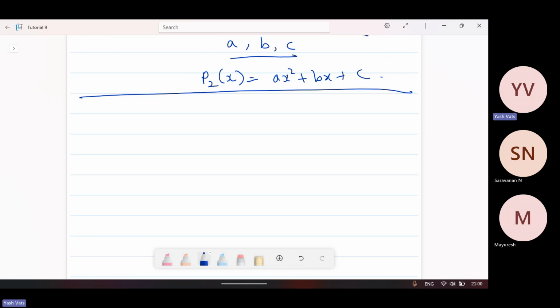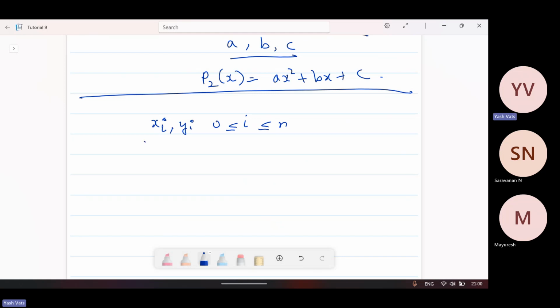So what we have to do is this. Suppose data is given as (xi, yi), where i is from 0 to n.